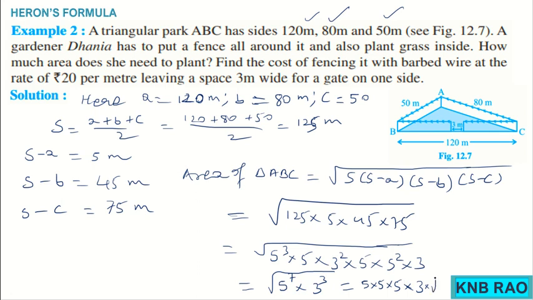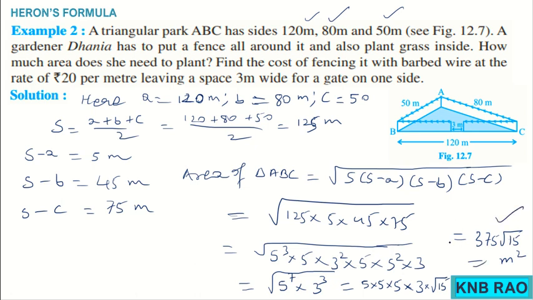Their product, 5 3s are 15. So here I have the area being 5 into 5 into 5 is 125, 125 into 3 is 375, root under 15 meter square is the area.